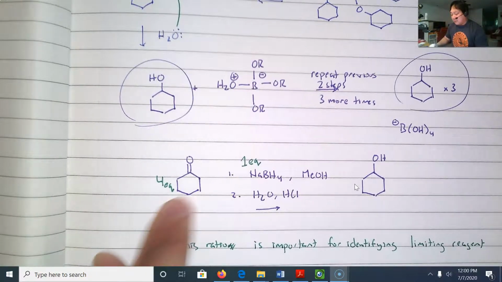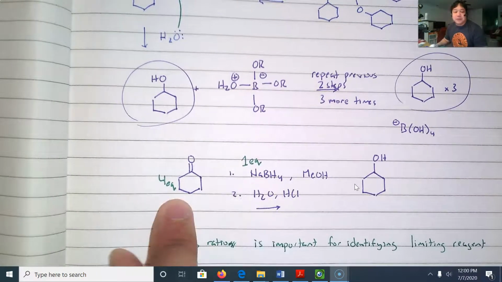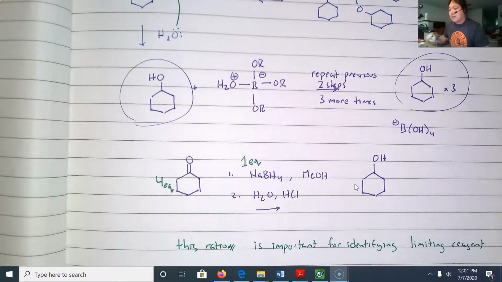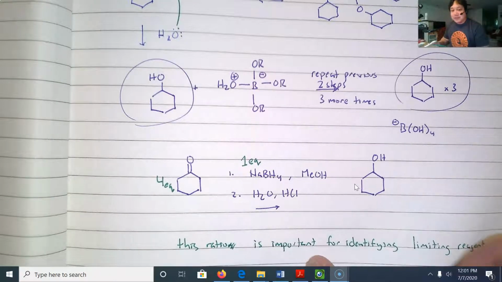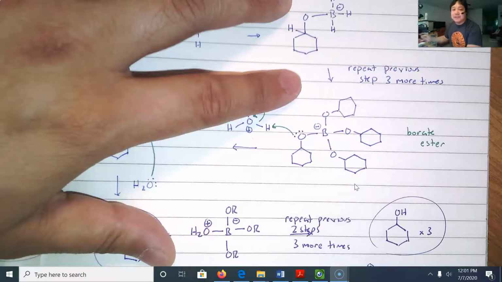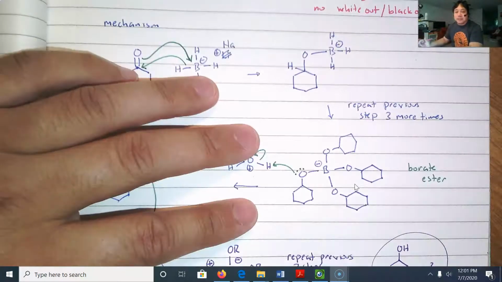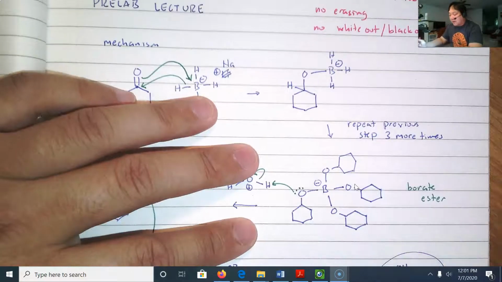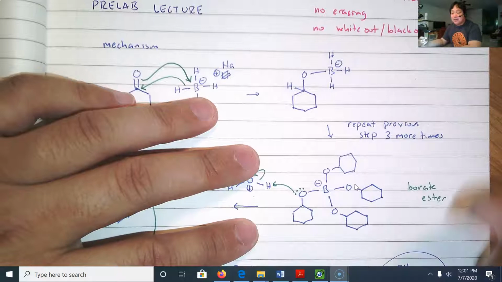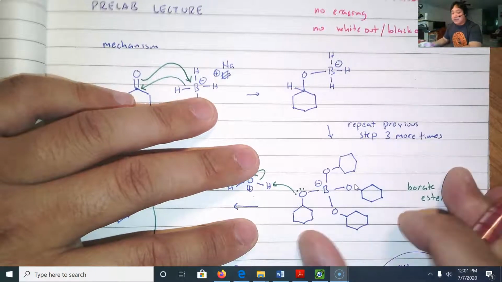You would normally think you would need 4 sodium borohydrides to reduce 4 molecules of cyclohexanone. All right, so let me show you now that calculation. This is still the prelab entry. This one's a little bit lengthy because this is the first time we're doing an experiment where we're very concerned about stuff like percent yield, limiting reagent, stoichiometry.